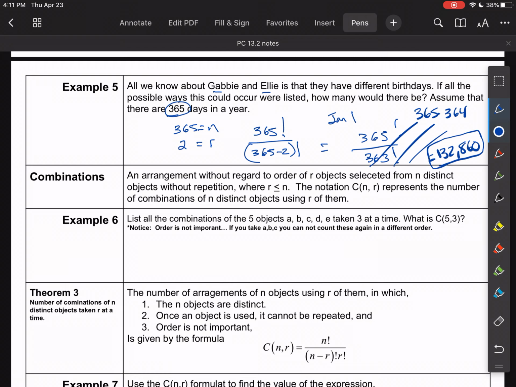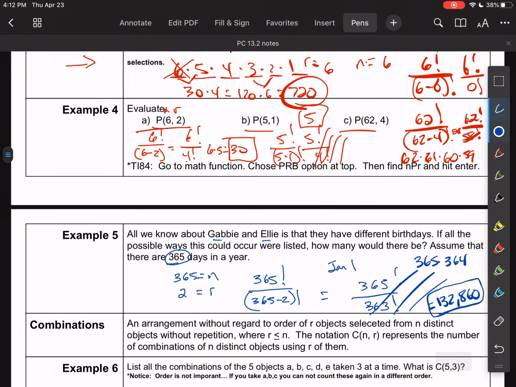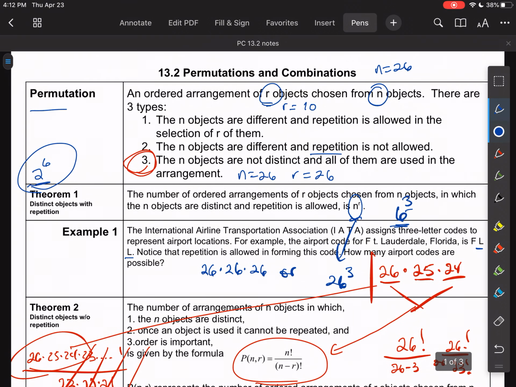Okay, so an interesting example would be, what would the possibilities be if there was a repetition? Like what if they could have the same birthday? You can think about what you might do if they did have that. Which one of these would that be? That would be like example 1, where repetition is allowed.